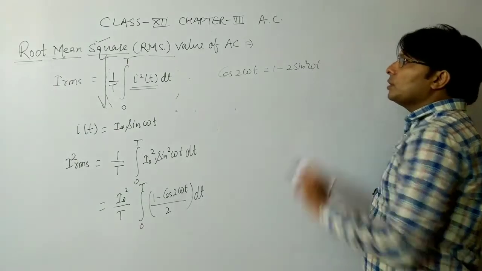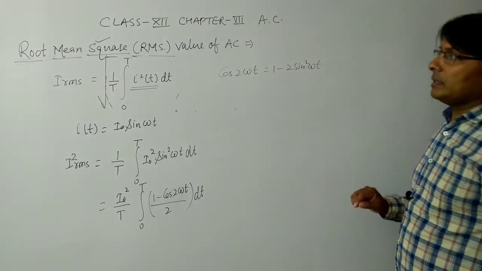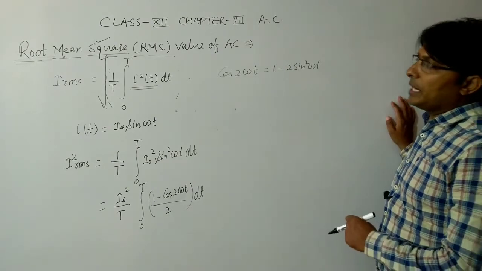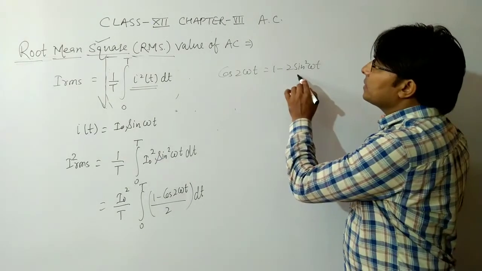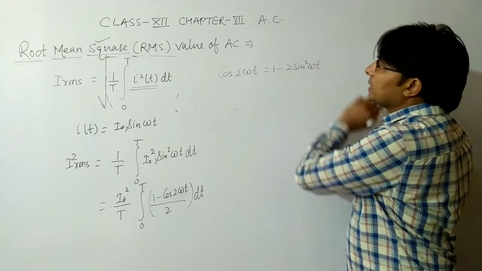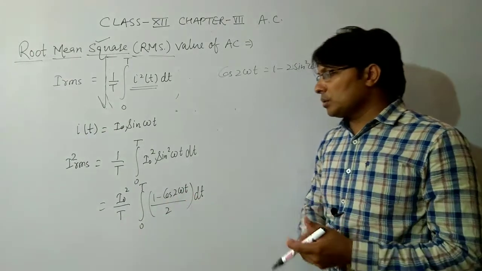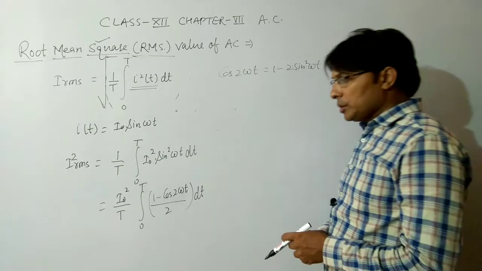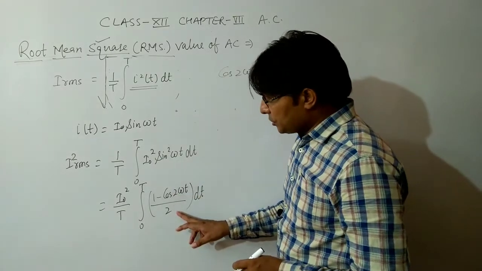This is the formula of the half angle, you must have heard in mathematics also. So from here this sine square omega t can be written as 1 minus cos 2 omega t divided by 2. Why have we changed this formula?